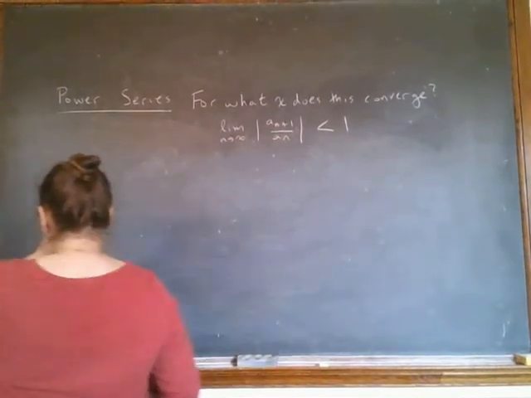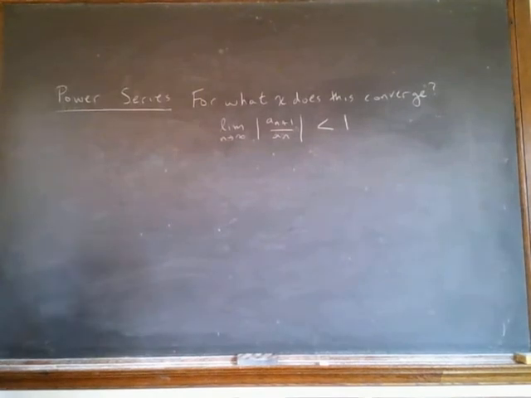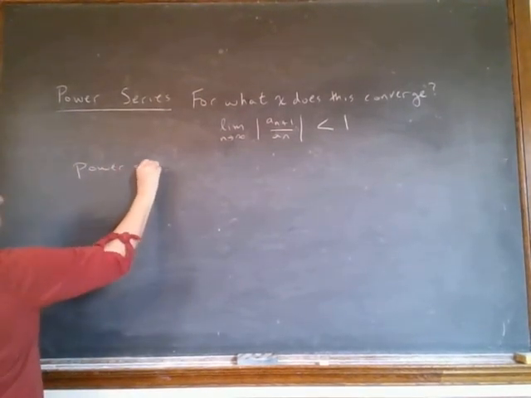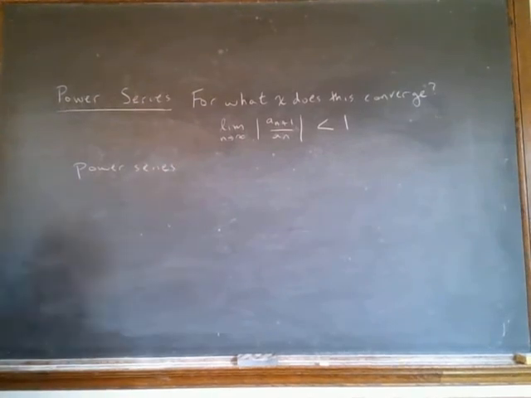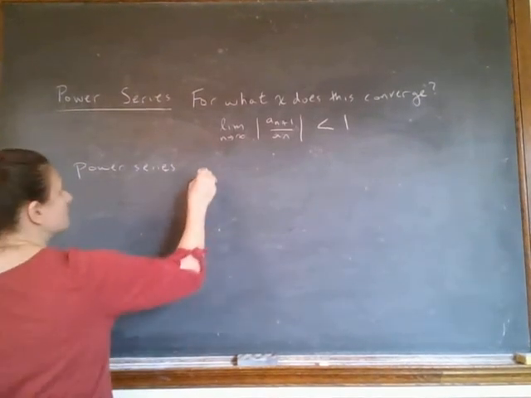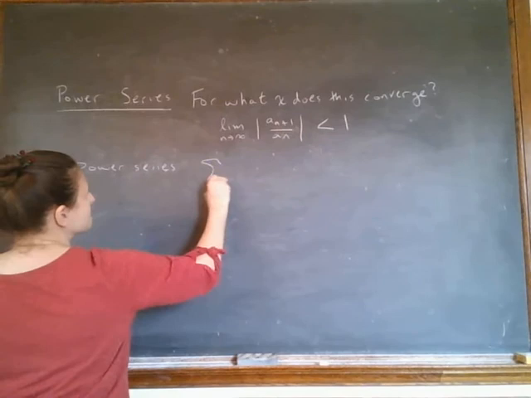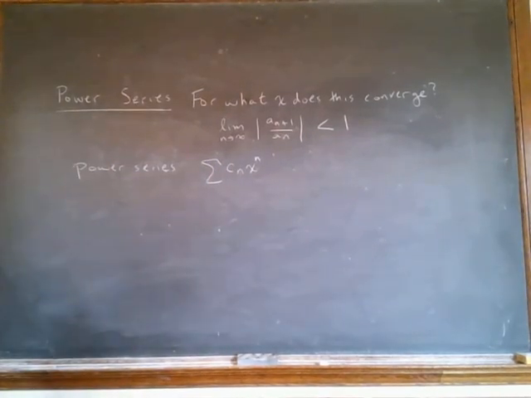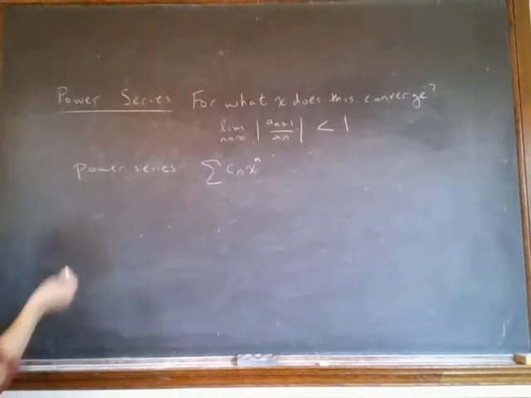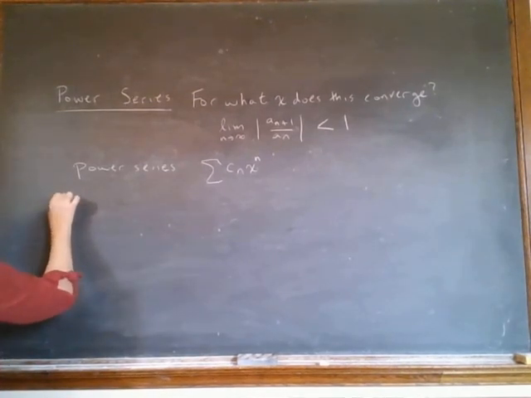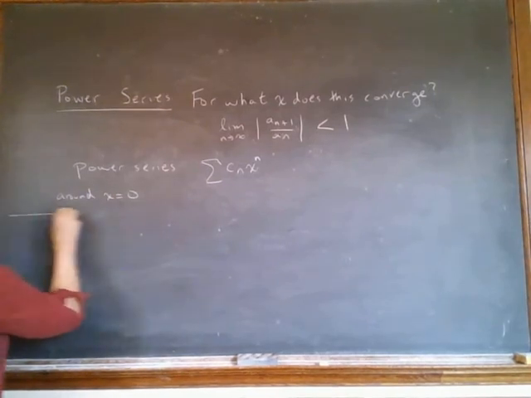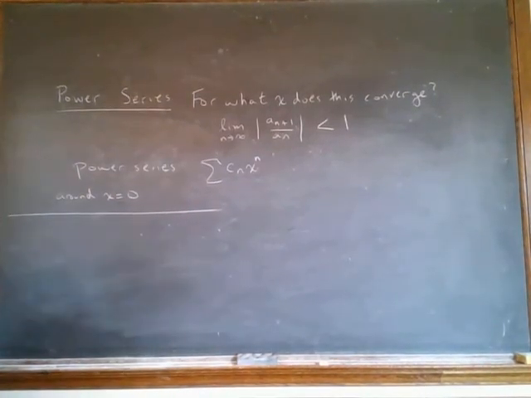So you have three possibilities. We have our power series, and we're just going to do it around x equals 0, because these are the three examples we have.